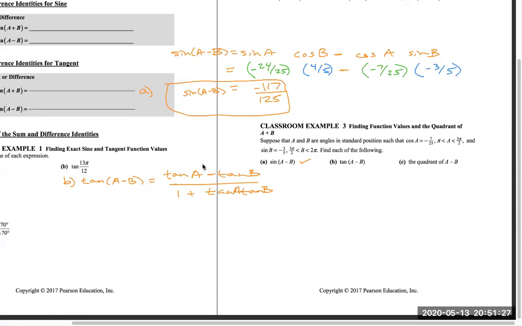It's not that bad. You'd have to just find all the tangents individually, but I like to teach this using the quotient function for tangent here. So let me go ahead and erase that.